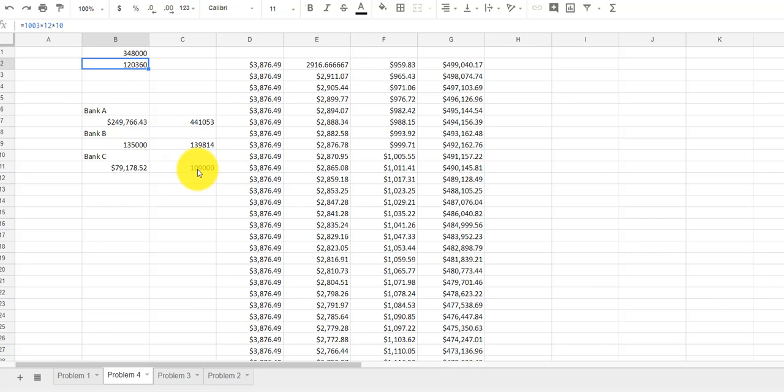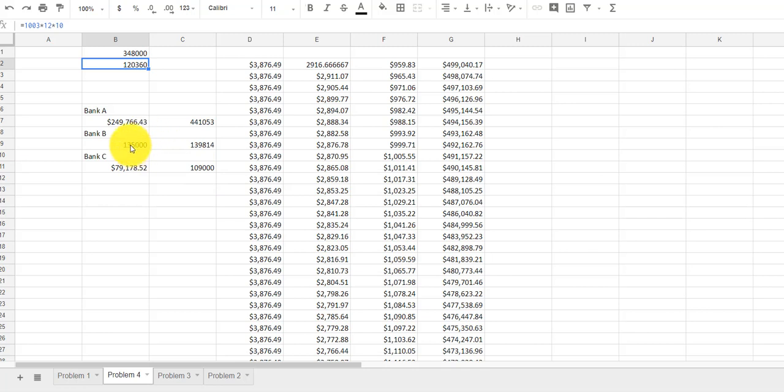So you put in your present value formula. The payment amount is 103. Number of payments is 120, and you just keep putting in different interest rates until you get the amount that makes it equal to 109,000.